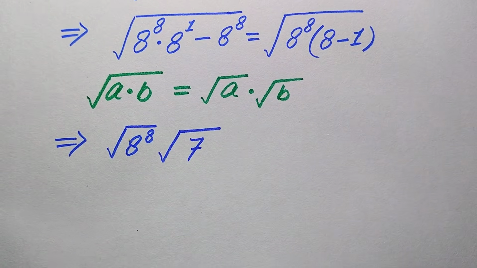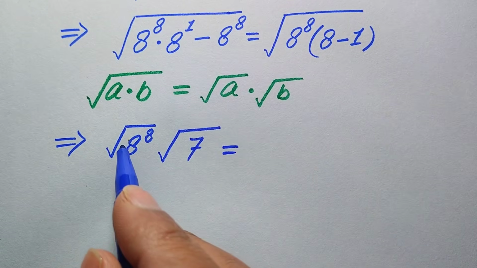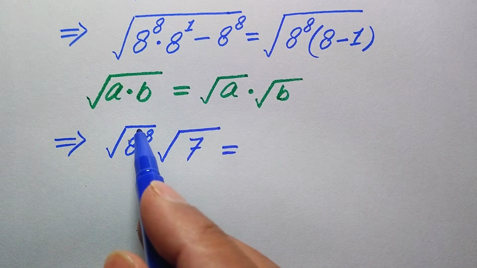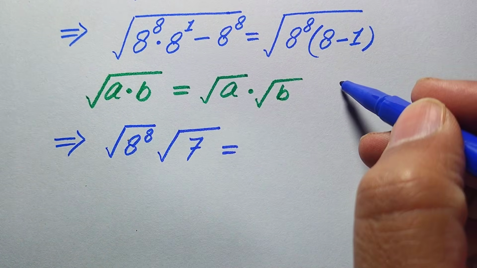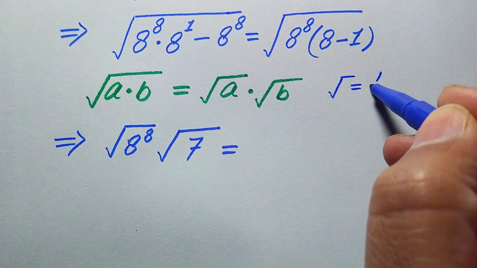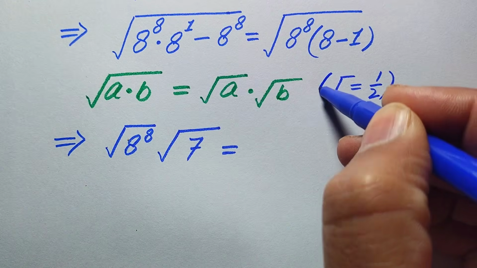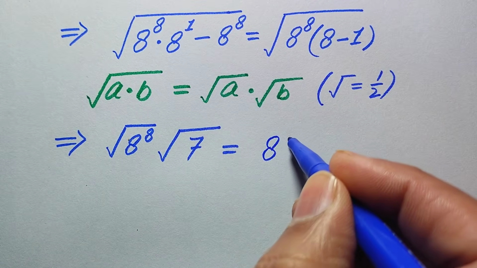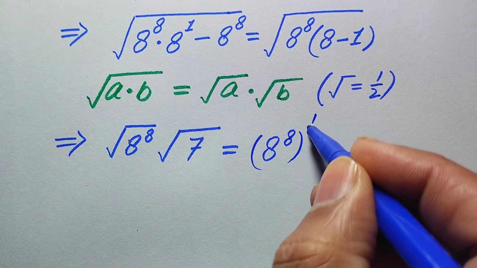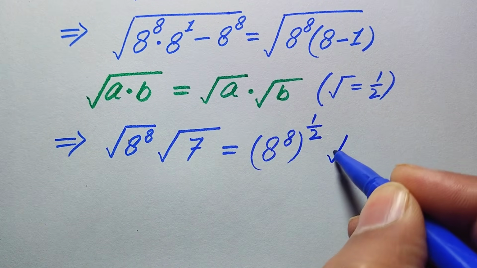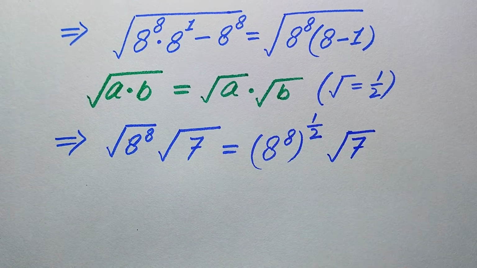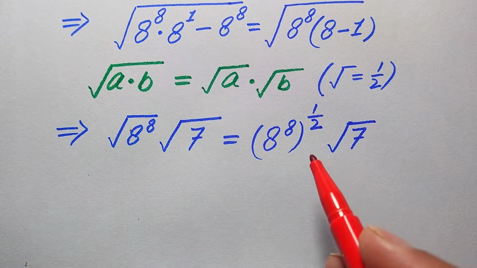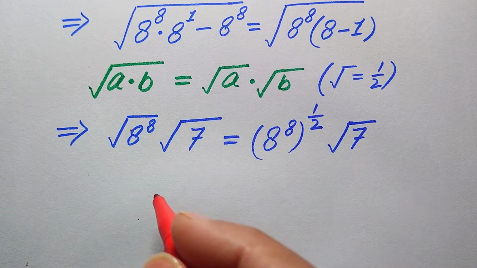And now we need to convert this radical into exponential form, and we know that the radical or square root sign is equal to the exponent 1 over 2. So according to this definition we write the square root in the form of 1 over 2, and this is the square root of 7. Further, in the next step we use another exponential law.